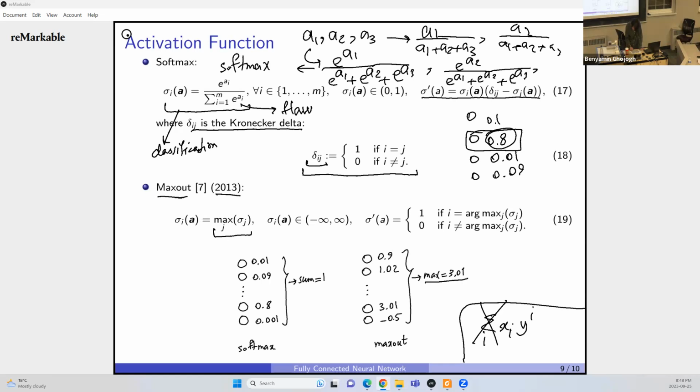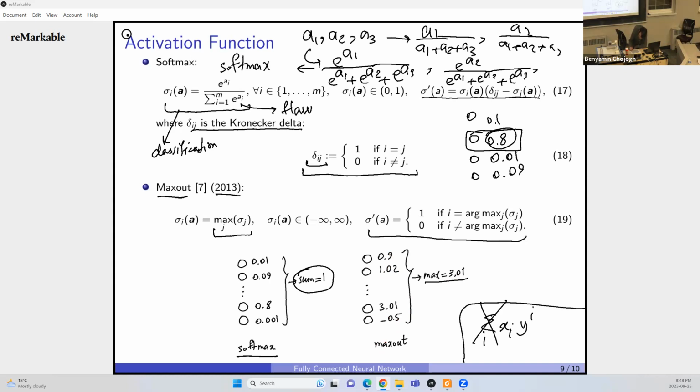For example, 0.9, 1.02, because they can be above 1, right? Or negative. The maximum of these is 3.01. And you can see that for softmax, they sum to 1, but for maxout, they don't necessarily sum to 1. You just take the maximum.